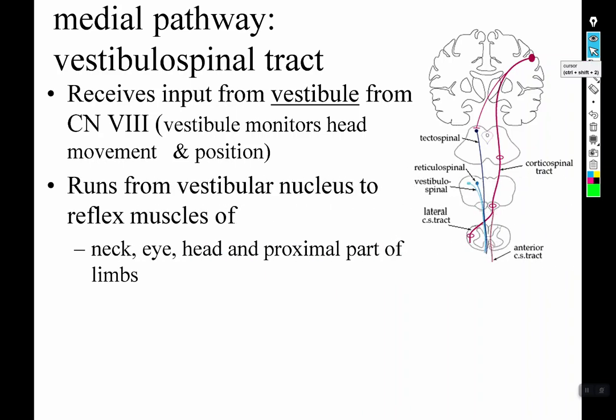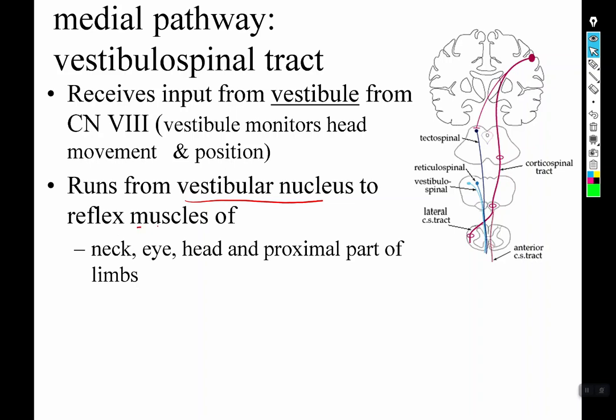So remember, we've got the utricle and saccule, which are for linear acceleration, and the semicircular canals, which are for angular acceleration. And so that input is going to inform the action of the vestibulospinal tract. So there's a vestibular nucleus, which is going to control reflex muscles of the neck, head, eye, and proximal part of limbs.